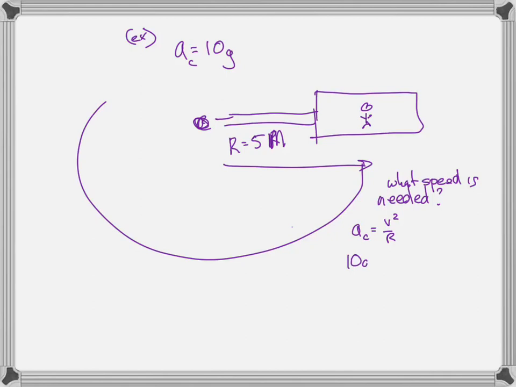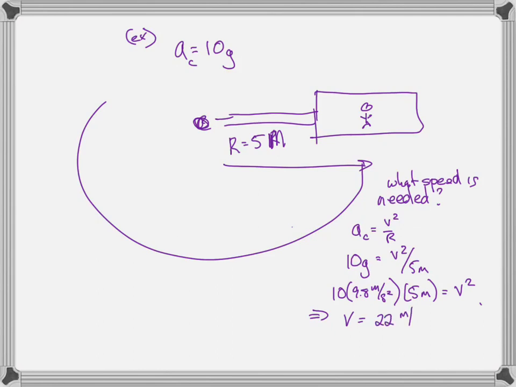So 10 Gs is equal to v squared over 5 meters. And so it's 10 times 9.8 meters per second squared times 5 meters equals v squared. Therefore, the speed required is 22 meters per second.